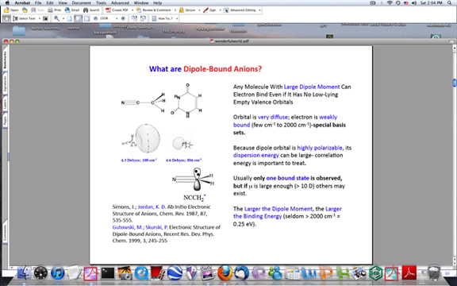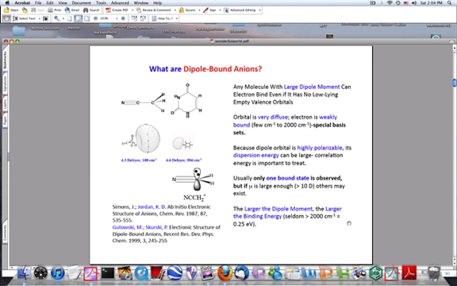As a result, the electron in that orbital has a very large dispersion or van der Waals interaction with the other electrons in the underlying neutral molecule. That is a very significant contribution to the binding of the electron: not just the electron dipole attractive potential, but also the dispersive interaction of the electron in this orbital with the other electrons in the molecule. This correlation energy dispersion interaction can be a very significant fraction of the electron binding energy.